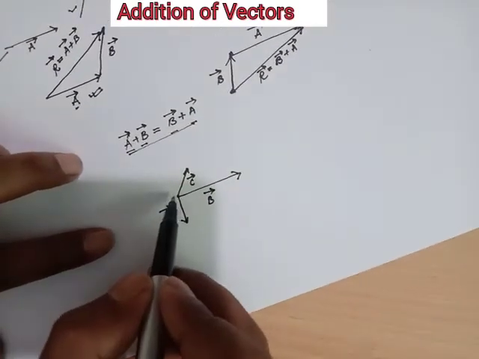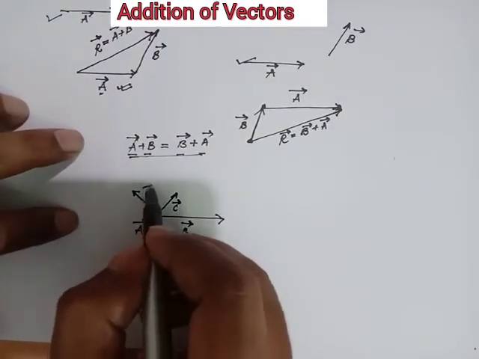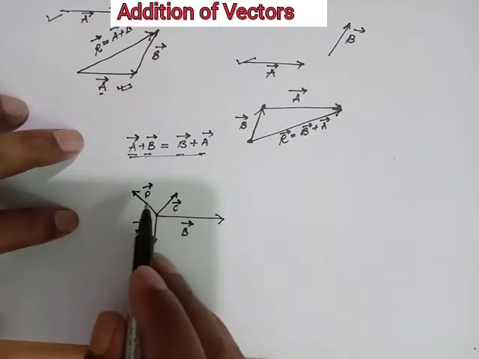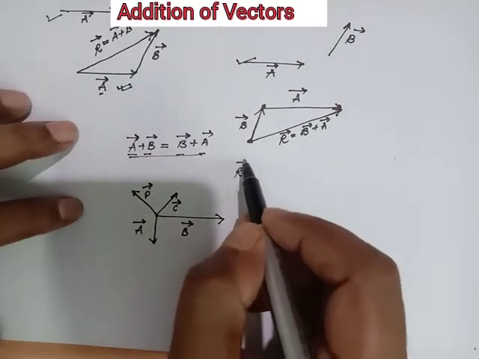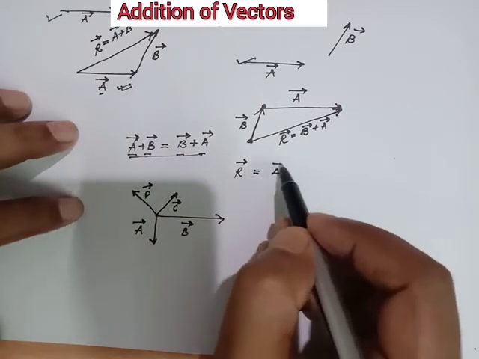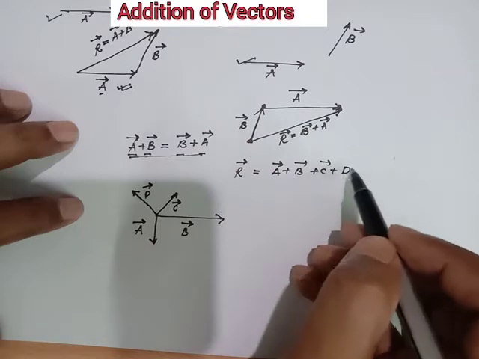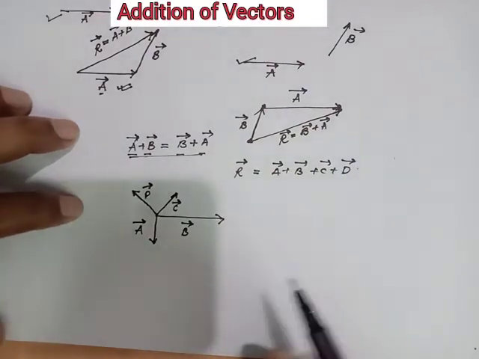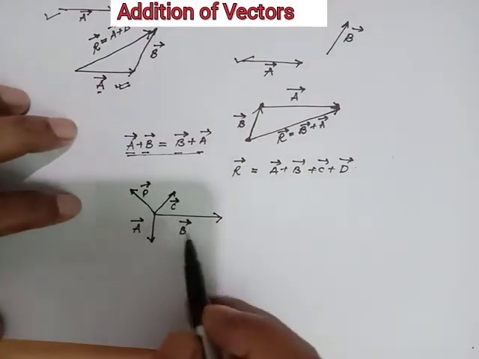Let me draw it in such a way, say that's my another vector, which is a D vector. How can I add A vector, B vector, C vector, and D vector and get the resultant R vector? So I want R vector is equal to A vector plus B vector plus C vector plus finally the D vector. Correct?